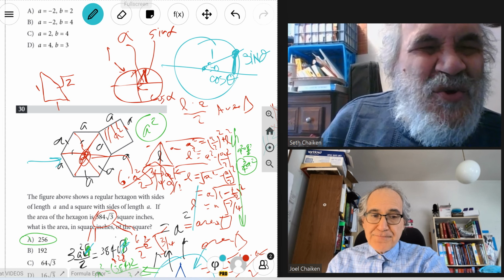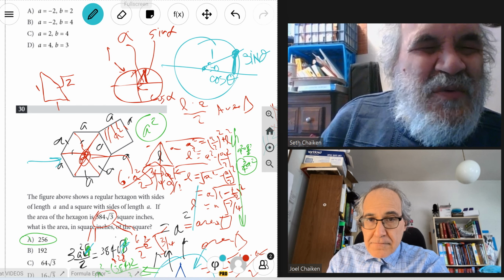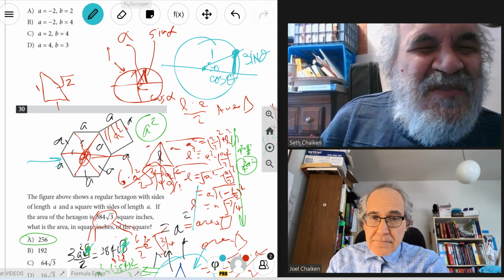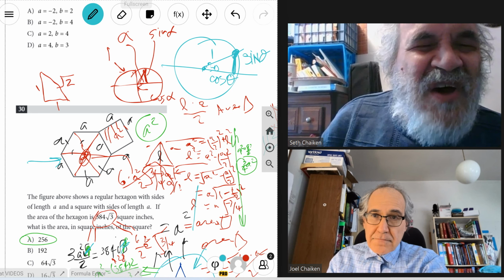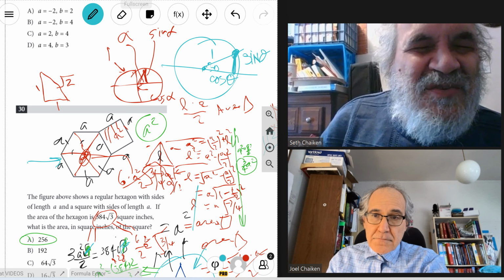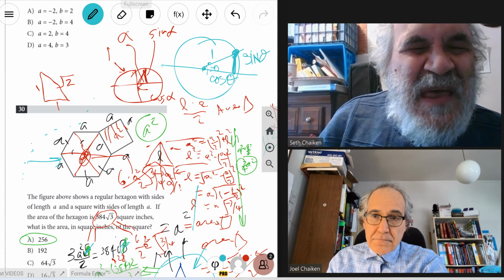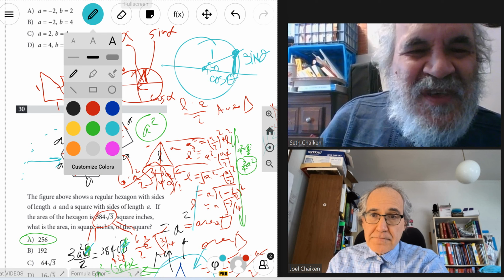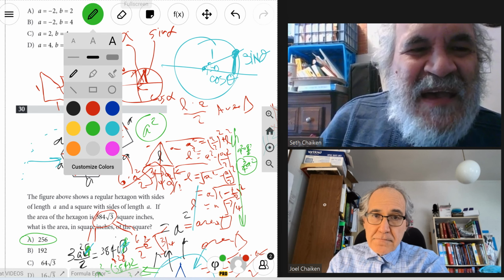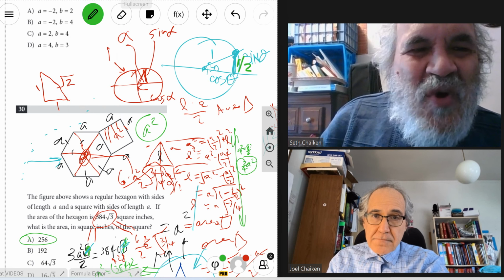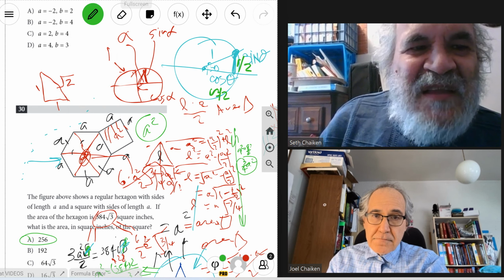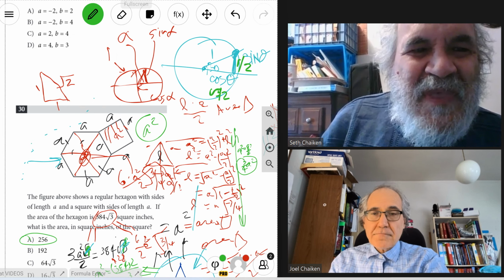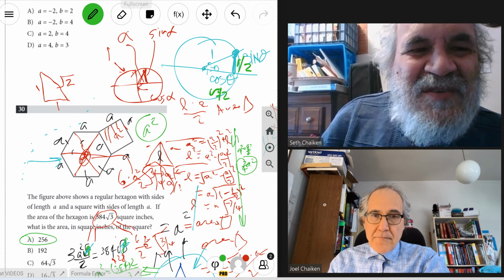The values of the trig functions could be negative. This way it's really easy to see that if the angle is in the second quadrant, then the sine of the angle is positive and the cosine is negative.